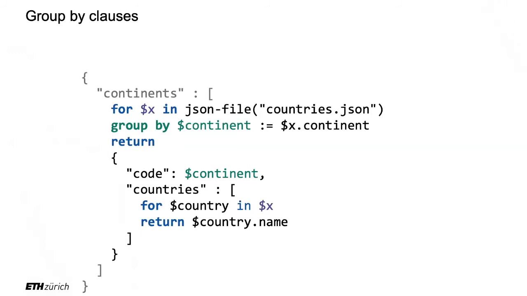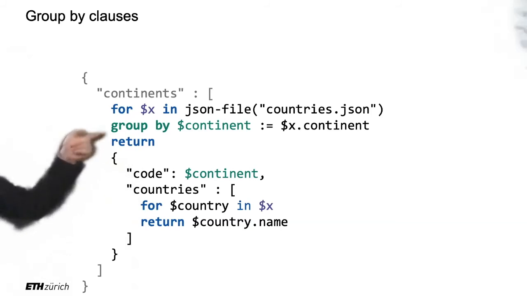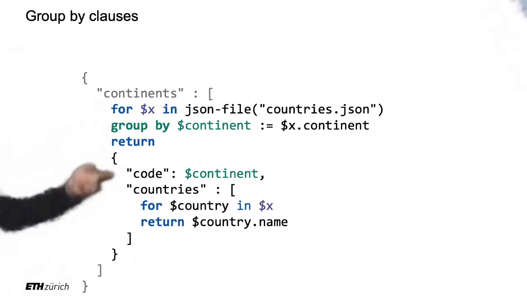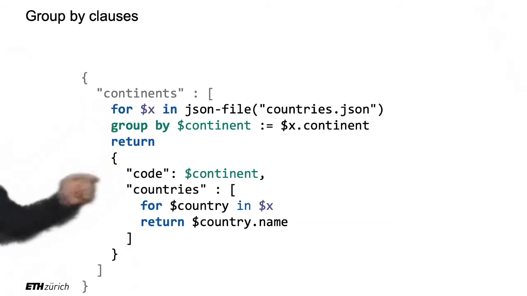Then you have a second binding with continent Asia, and then you have $X that is India, China, Pakistan, and so on. Then you have North America, US, Canada, and so on and so on. So you grouped, and you have fewer bindings because now they are grouped by continents. But what's particular here, and that you didn't have in SQL, is that $X, which used to be a single item, is now a sequence within each group, right?